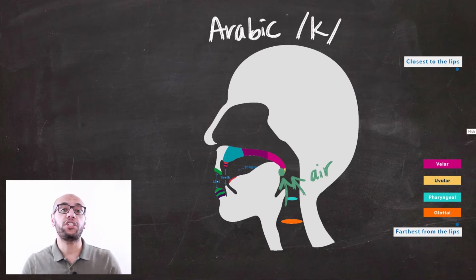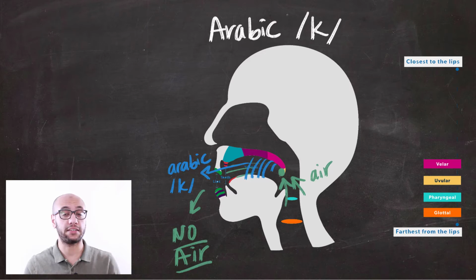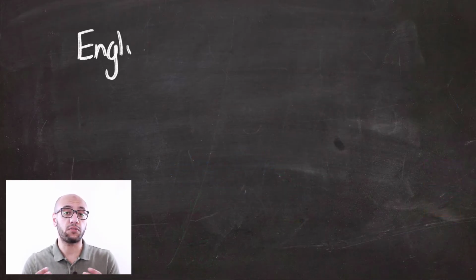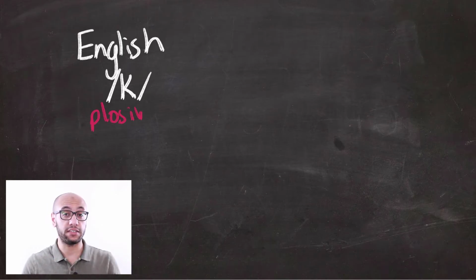So how can you achieve that then? Well, first step is to be able to hear the difference. And second, you should be able to feel it on your hand, because this is how you're going to get to it. You're going to try to pick a word that you're familiar with, let's say car or cat, something that starts with K preferably, of course in the beginning of the word, not in the middle, because it would be easier for you to detect the difference.